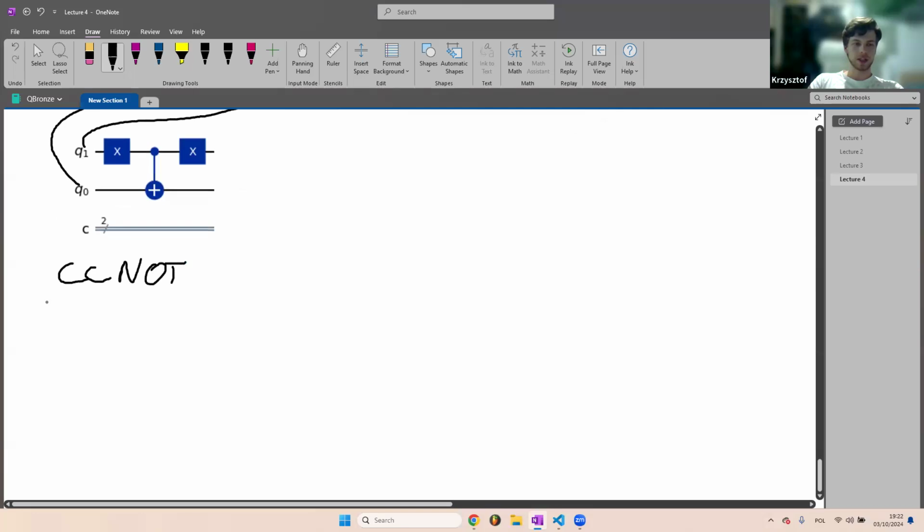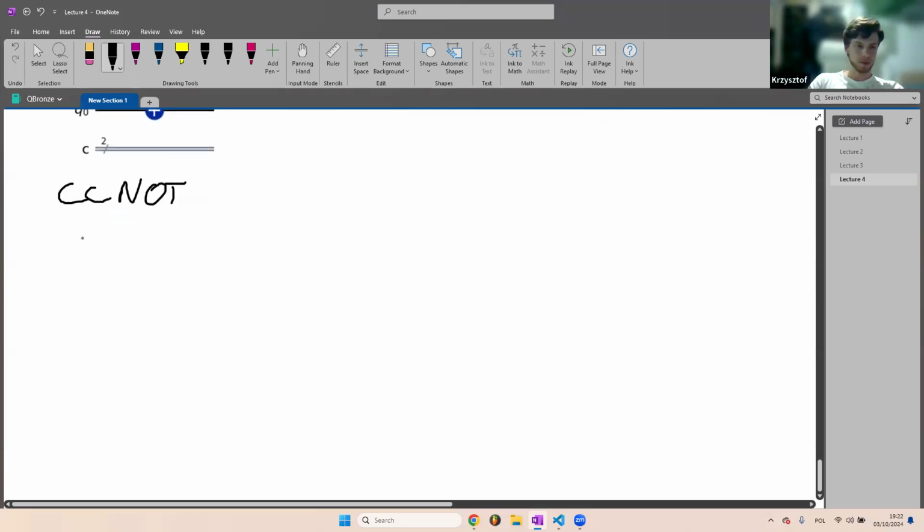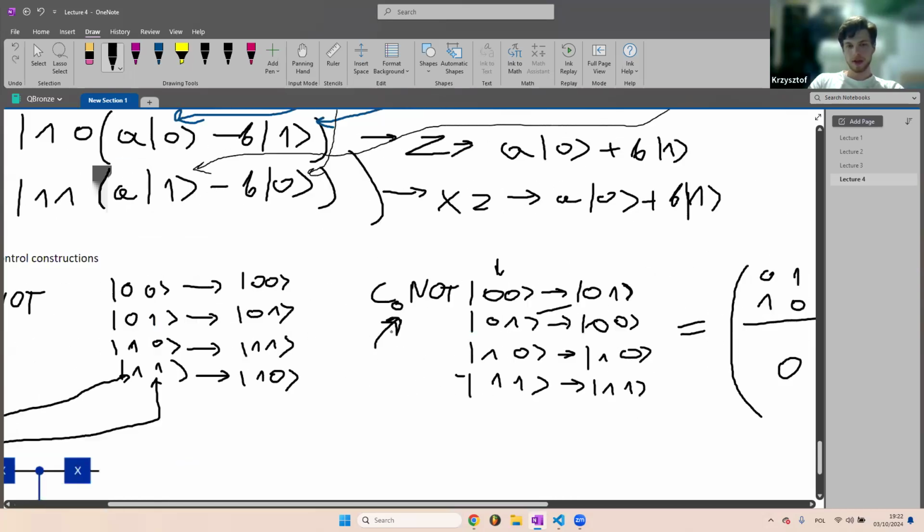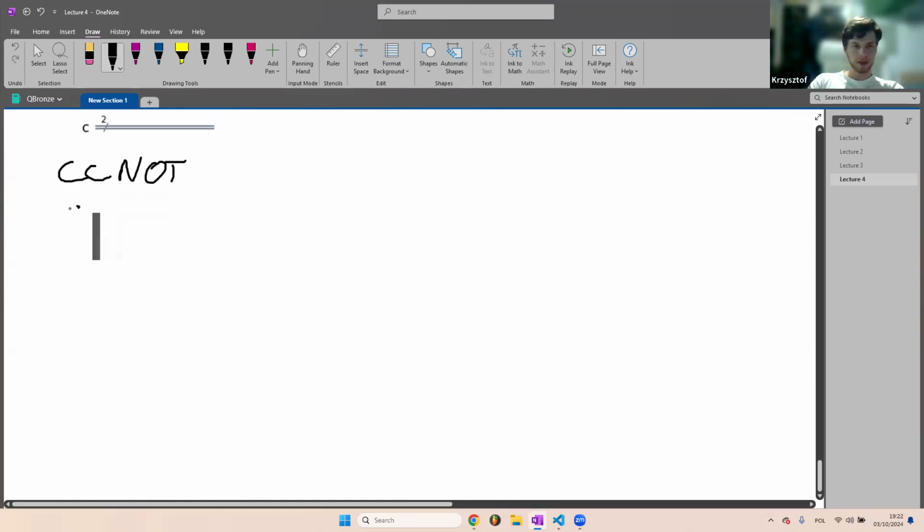This gate actually can be implemented on a quantum computer, and it is now a 3 by 3. No, it's not. This is 4 by 4. So 3 qubits will be an 8 by 8 matrix, because this is 2 to the power of 3 qubits times 2 to the power of 3 qubits, which is an 8 by 8 matrix.